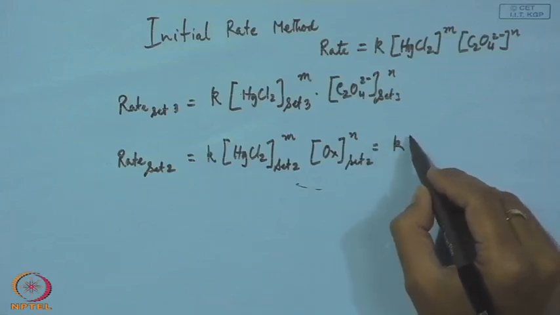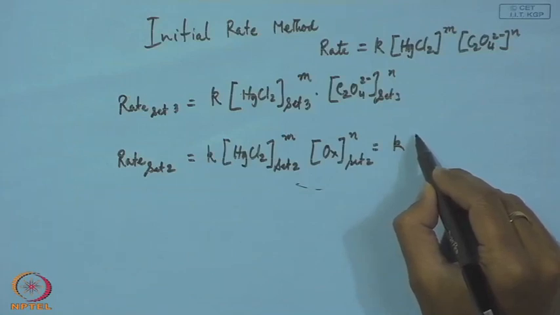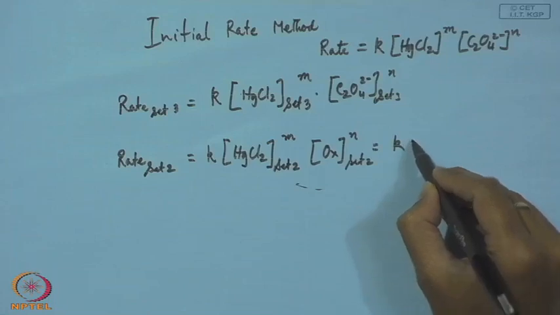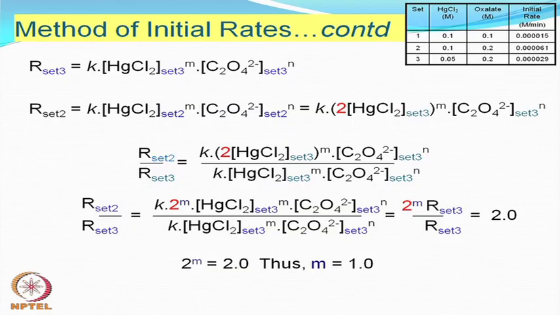their relative proportion. So, you see that we are looking into set 3 and set 2. For set 2, the mercuric chloride is how much? It is twice set 3, yes, sorry, it is twice set 3.